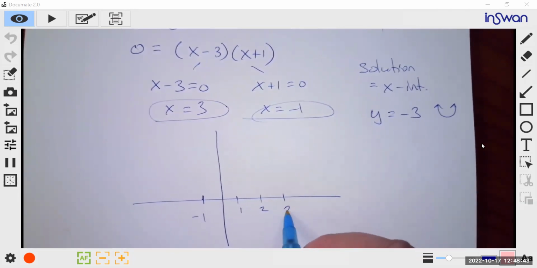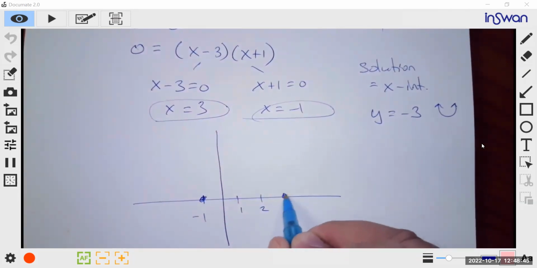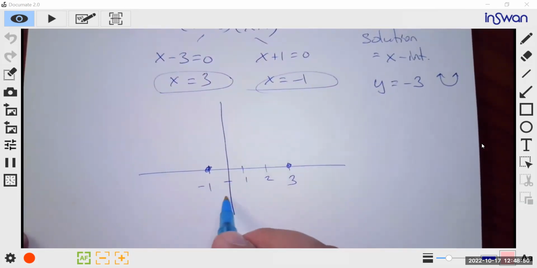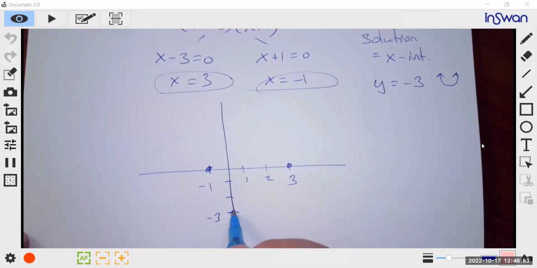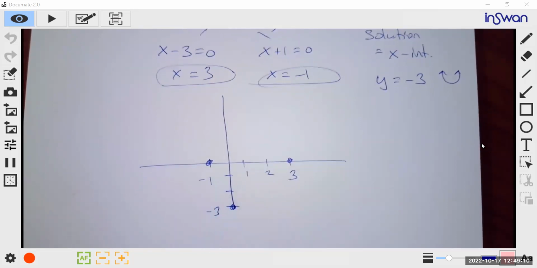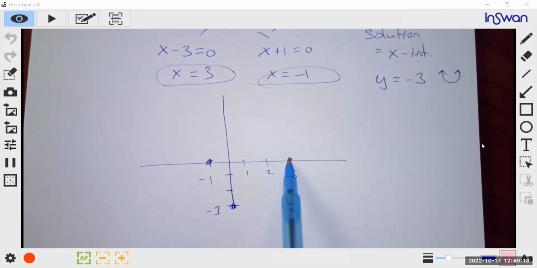So at -1 and +3, those are x-intercepts. At -3, we have the y-intercept. Do we know another point here somewhere? Since our y-intercept, if we go over 1, down 3, we have a point. From this side, it's not going to be the same slope.